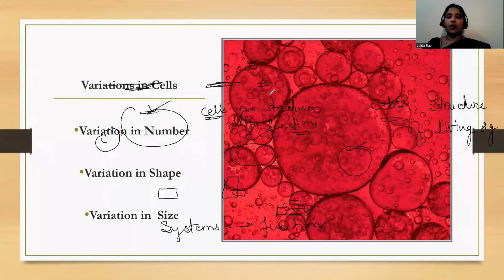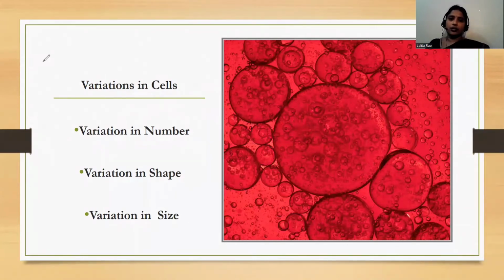Now, are all these cells the same in size? Do they have variation? If you look at your body, like your skin, your body is made up of different organs, and all these organs are made up of different cells. So these cells have variation.